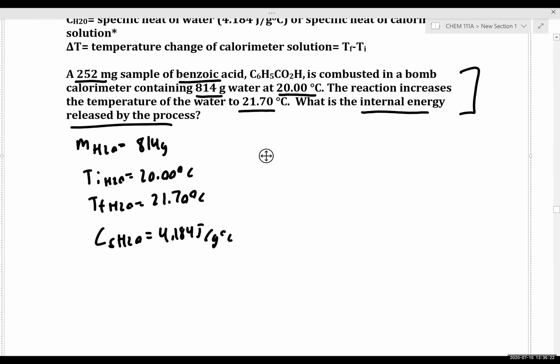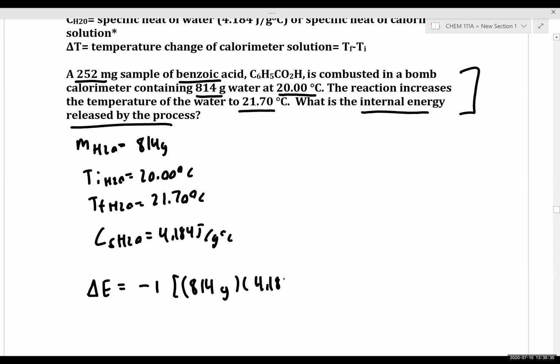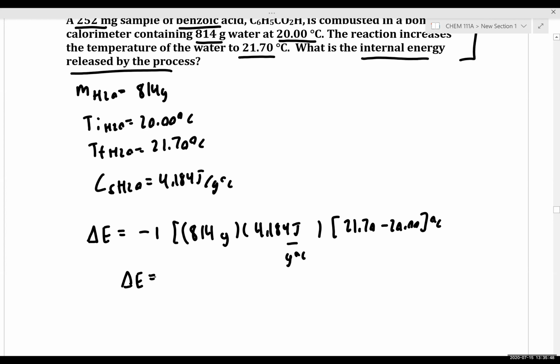So now we have all the information we need to calculate the change in internal energy for this reaction, which is -1 times the mass of water times the specific heat of water times T final minus T initial, which in turn gives us a change in internal energy for this reaction of 814 times 4.184 times 1.70, which gives us negative 5,790 joules.